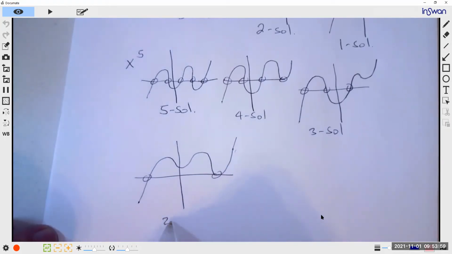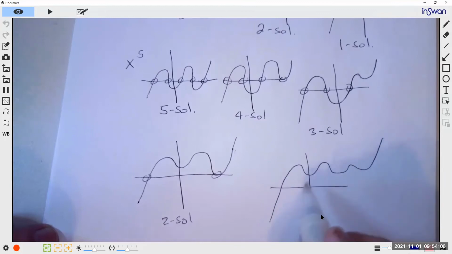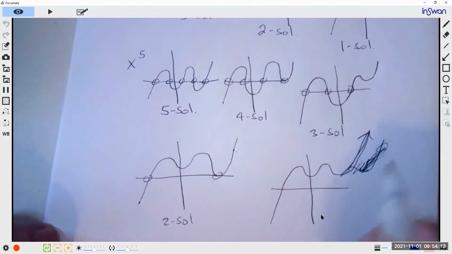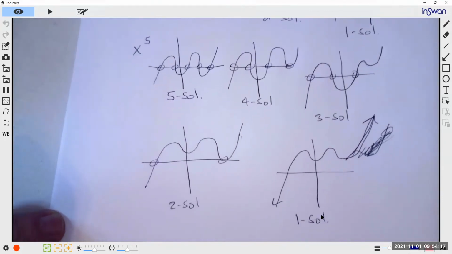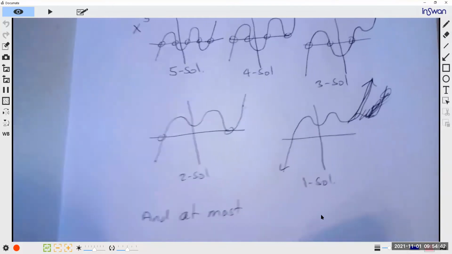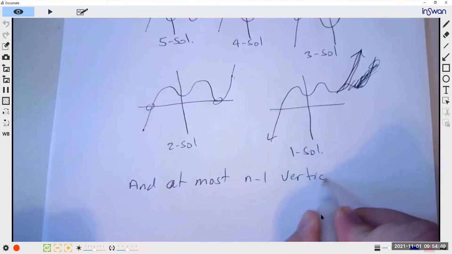Two solutions. Or one solution. And at most n minus 1 vertices.